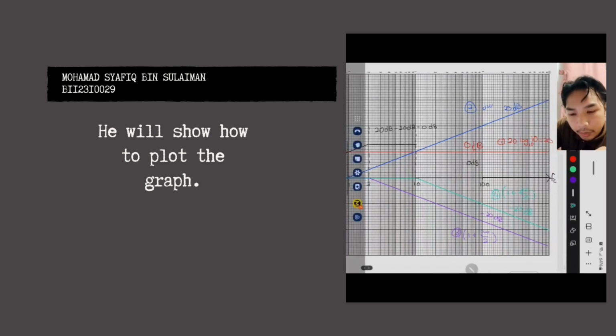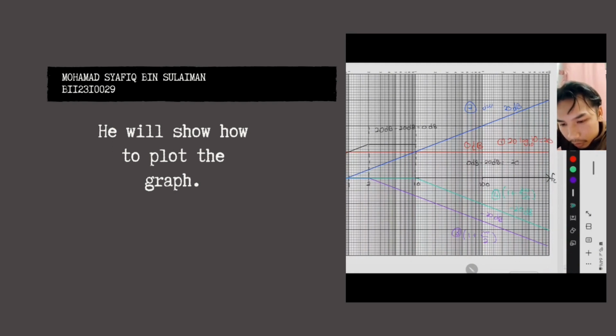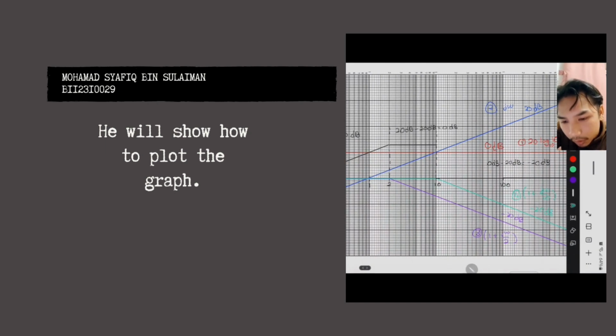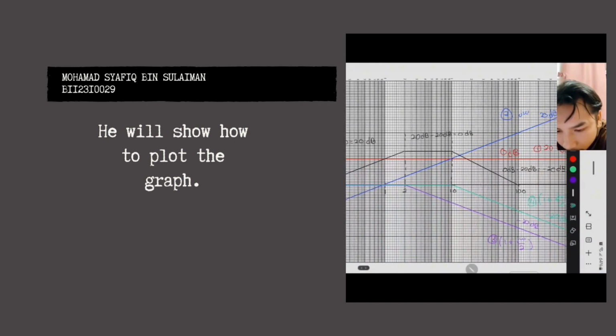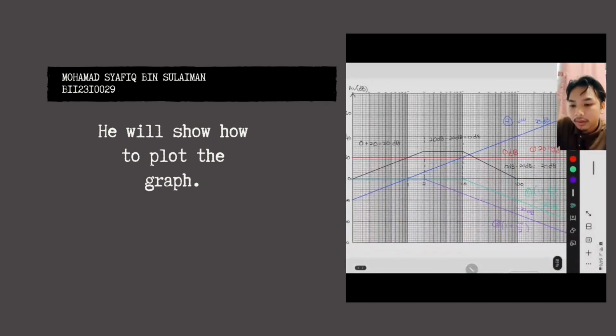Our simple pole, the slope is negative 20 dB. So which means it is negative 20 dB. So it will go down. So like this. Alright. So that's how we plot the graph.